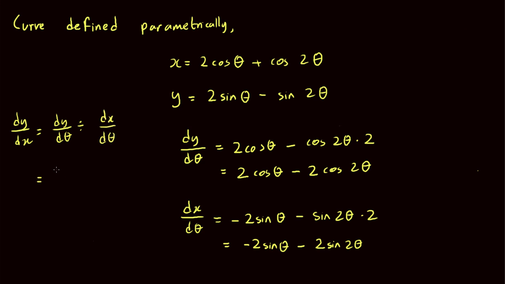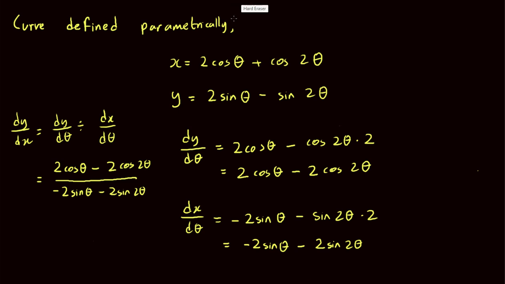So it's just 2 cos theta minus 2 cos 2 theta, over negative 2 sine theta minus 2 sine 2 theta. Okay, so that's your dy dx.